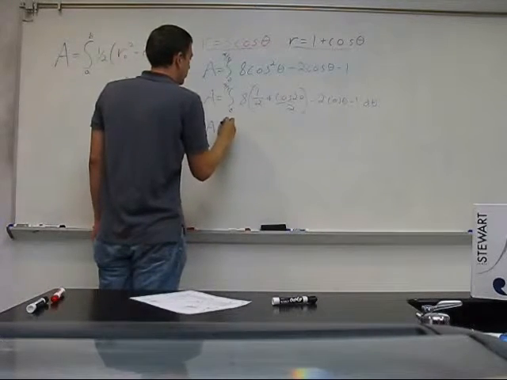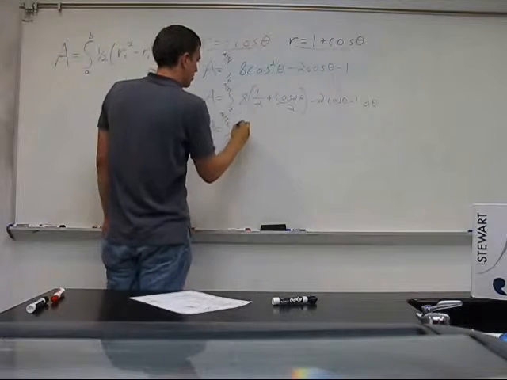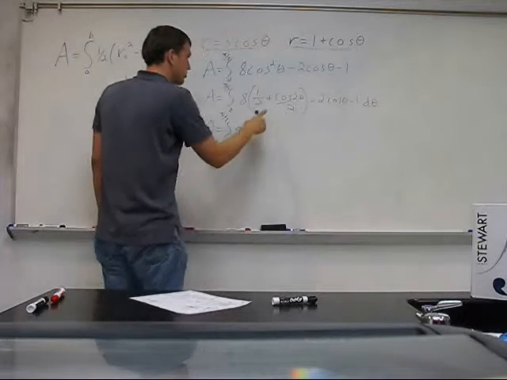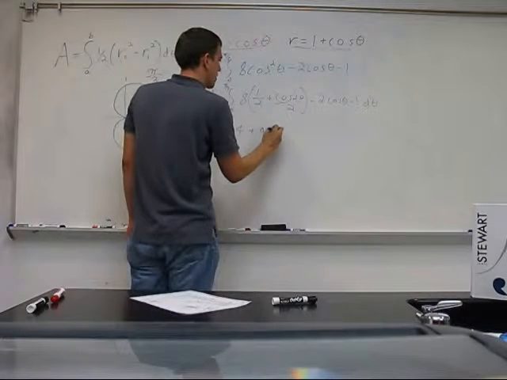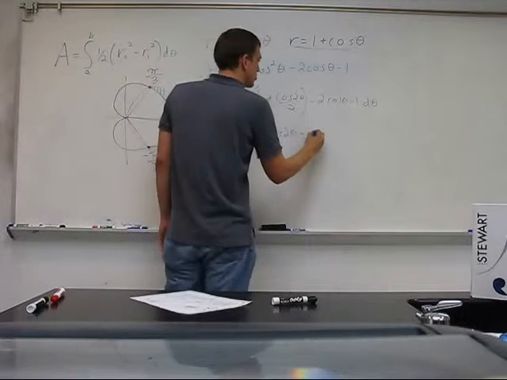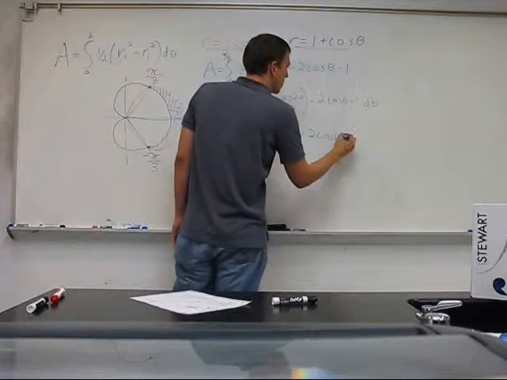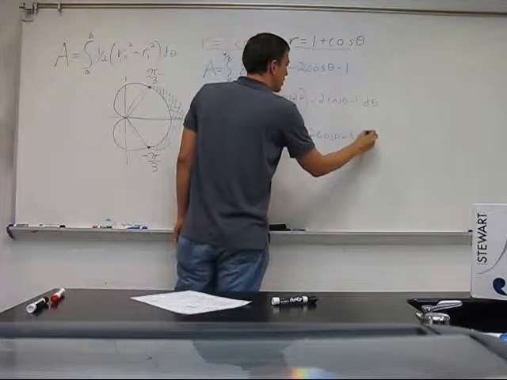So area is equal to 0 to pi over 3. That's going to be 4 plus 4 cosine 2 theta minus 2 cosine theta minus 1 d theta.